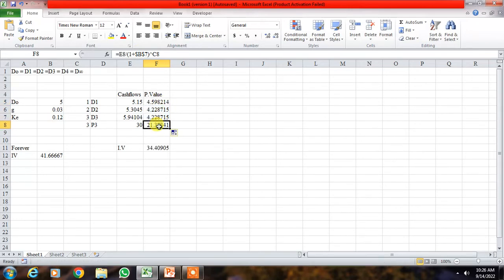So my dear, this is how you find out the present value of the cash flows, and once we add it, the present value is 34. You see that this time the present value of cash flow is greater than the last case, because in this case the dividend increased each year.